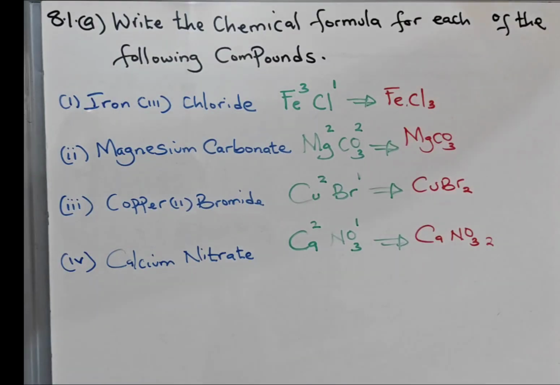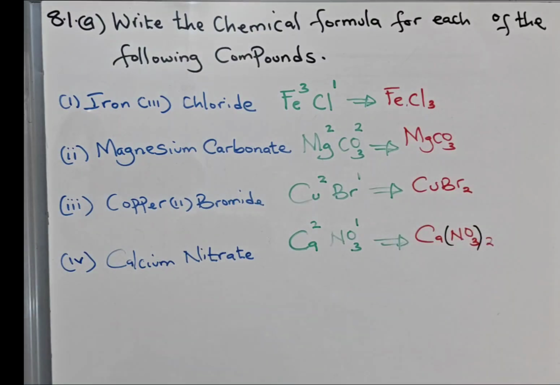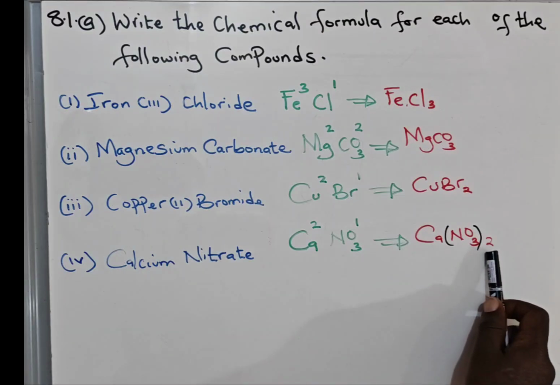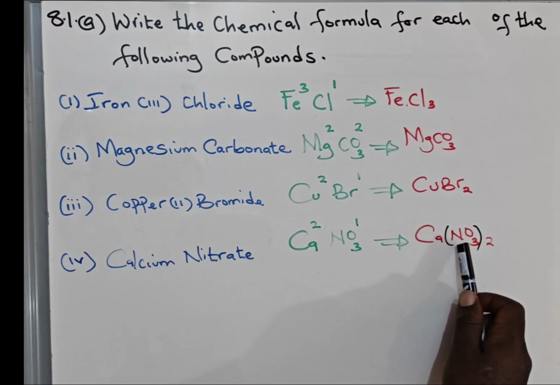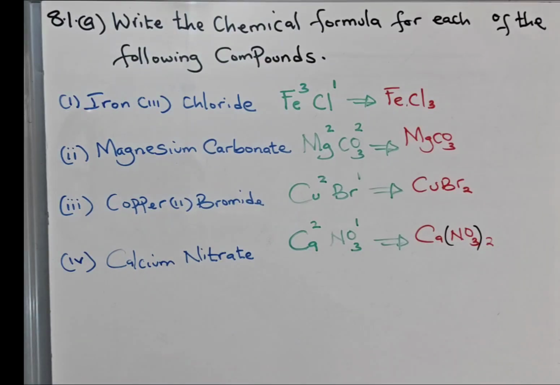By having a bracket over nitrate. We put a bracket because the 2 is for both nitrogen and oxygen. So this is how we write it: Ca(NO3)2.